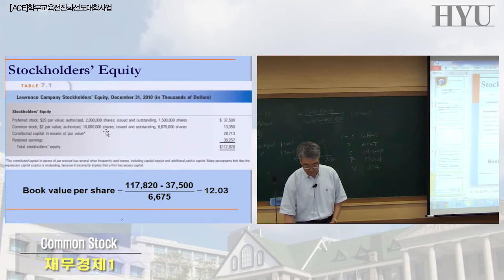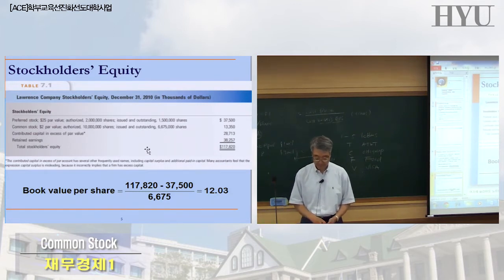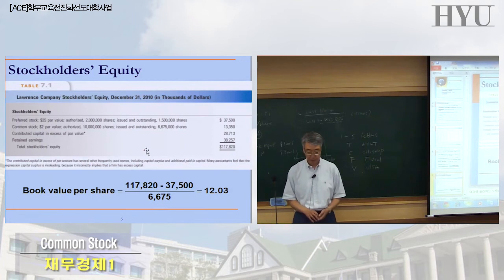So there were 10 million shares issued, 6.6 million shares outstanding. So what happened? They have issued 10 million shares of common stock, but currently outstanding is only 6.6 million.